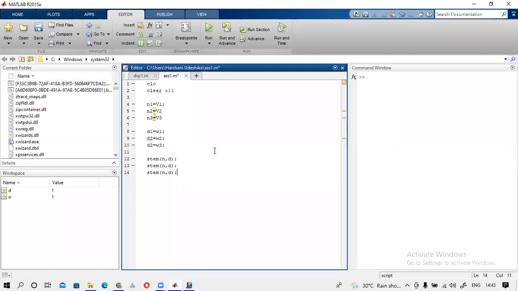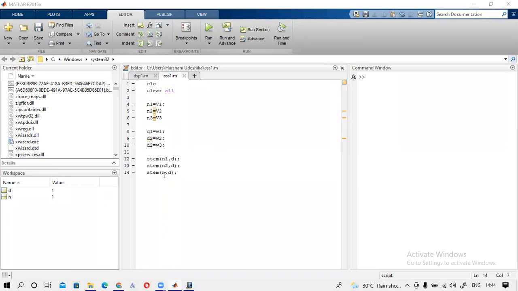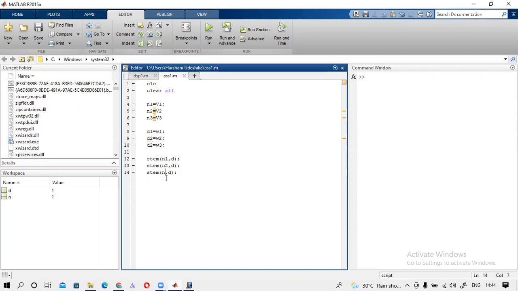So if we have N1, N2, N3, D1, D2, D3 like this, you can define these variables.